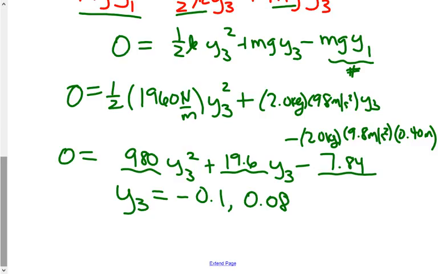But which answer is right? Think about the problem. Why would it be the negative one, Maddie?